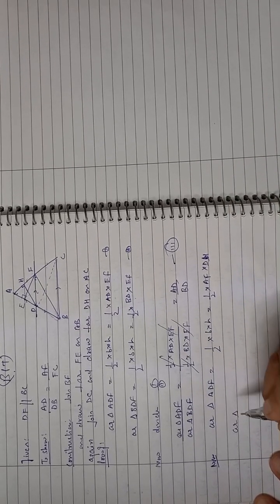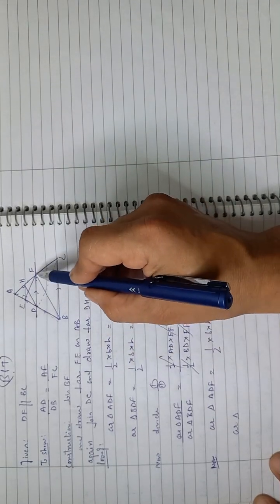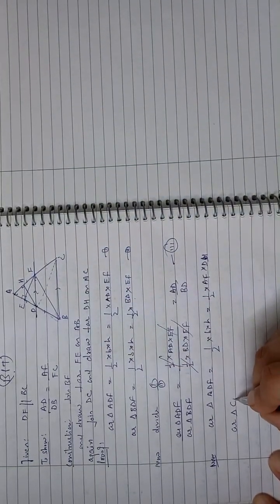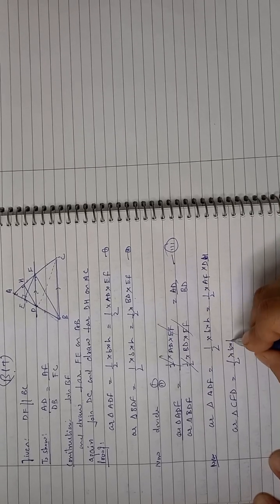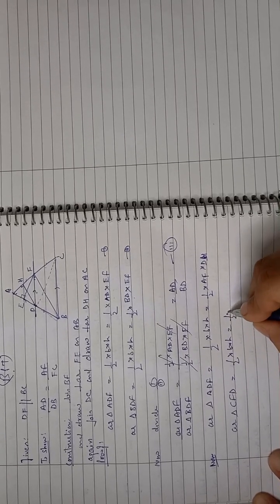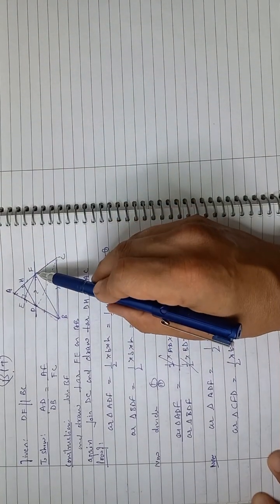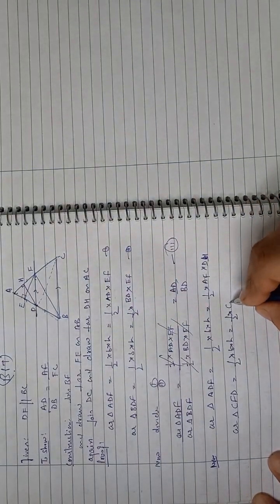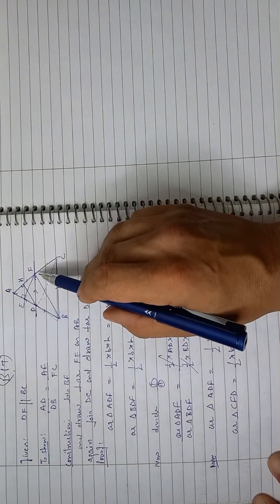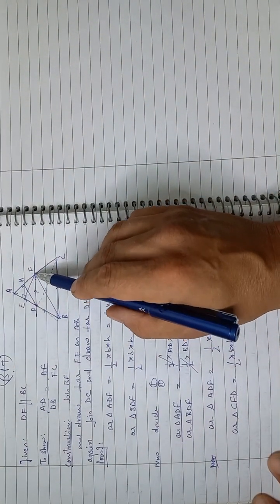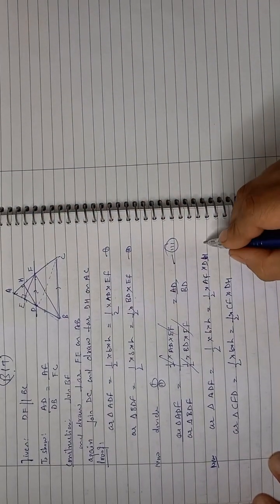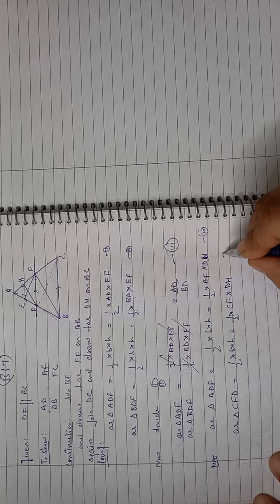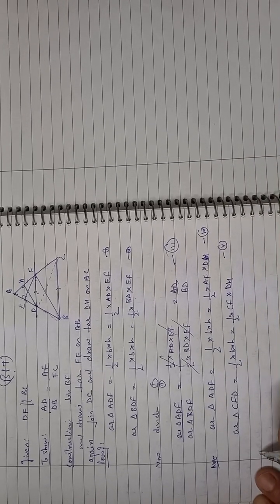Second triangle, triangle CFD, half base into height. What is the base for this side? CF, and the height is DH. These become equations 4 and 5.